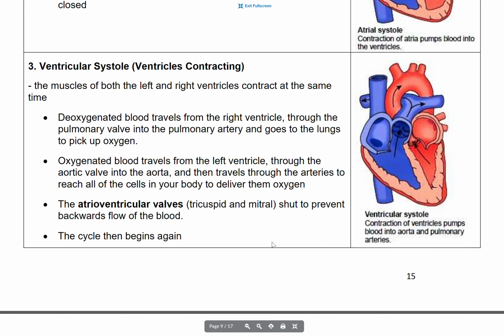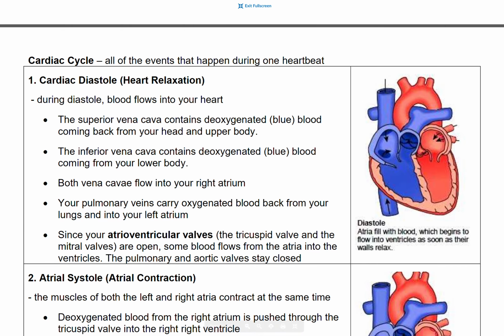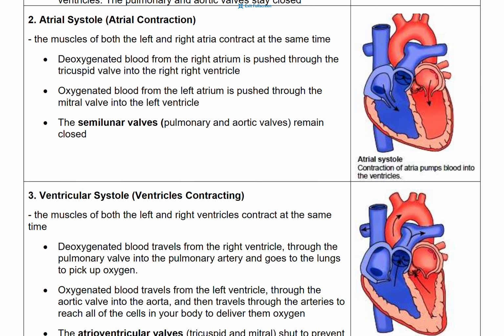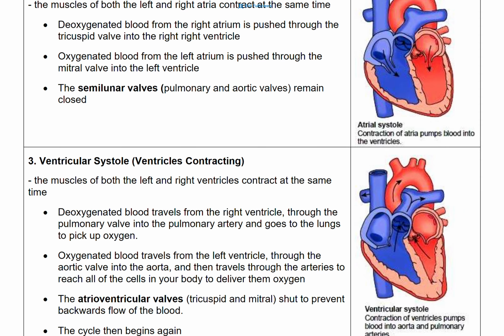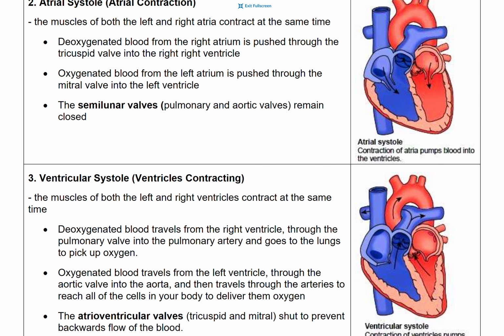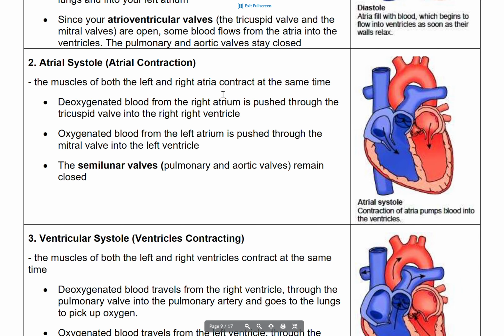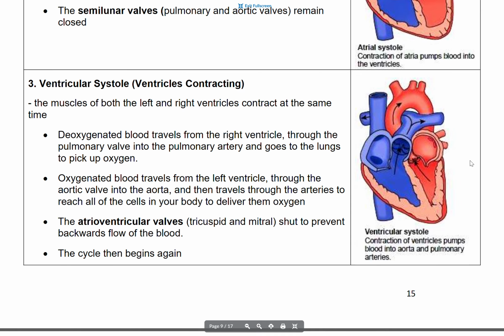Then the cycle begins again. So there are really 3 steps in this process: everything is relaxed and fills up, then the atria contract, and then the ventricles contract. This is the lub part, like the weaker beat of your heartbeat, and this is the stronger beat of your heartbeat.